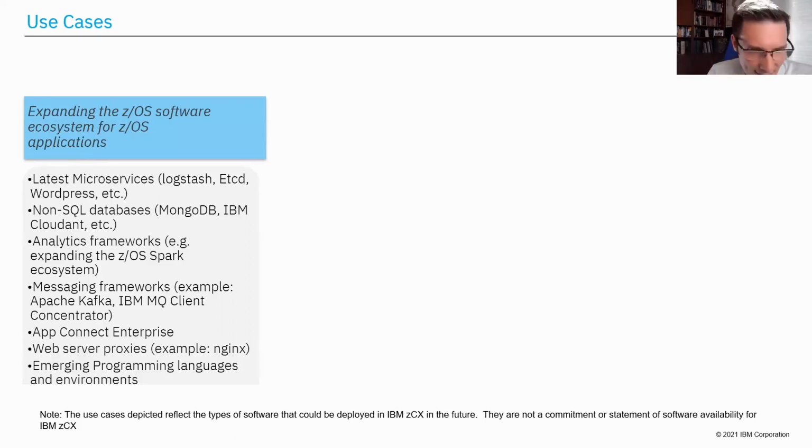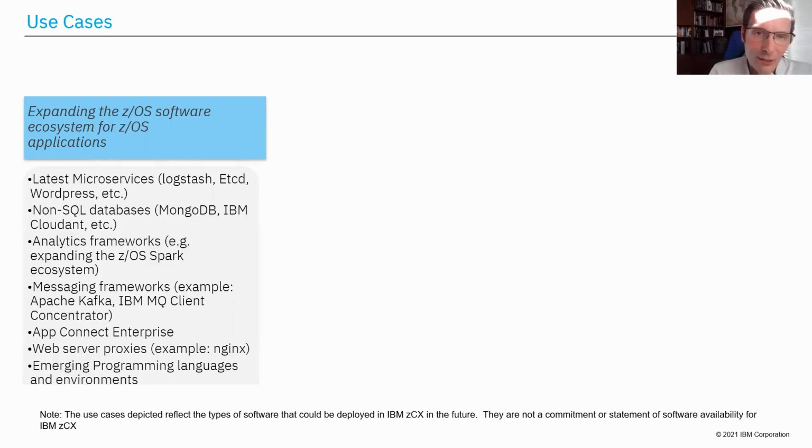You have a solution, ZCX. What happens if I want to deploy a NoSQL database like MongoDB, for example? I can deploy that directly on zOS. Does MongoDB run natively on zOS? Well, it runs in ZCX. So I can have that co-location of my NoSQL database in conjunction with my other zOS workloads.